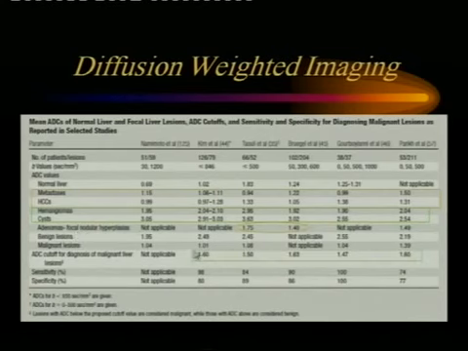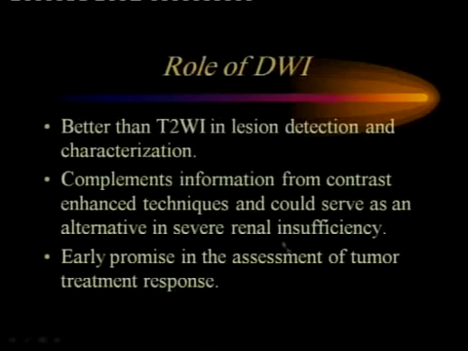So using various cutoff values, you can see the various sensitivities and specificities that were obtained can be quite specific and sensitive. There's still some issues about standardization of these values. B values still haven't been completely standardized, so you do get some variability, but it shows the promise and the capability of this in doing this evaluation.